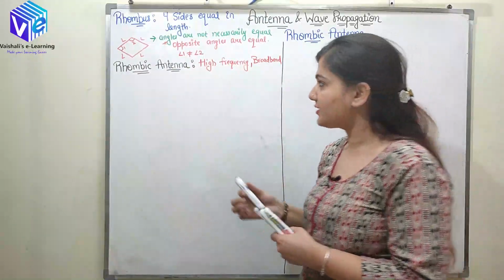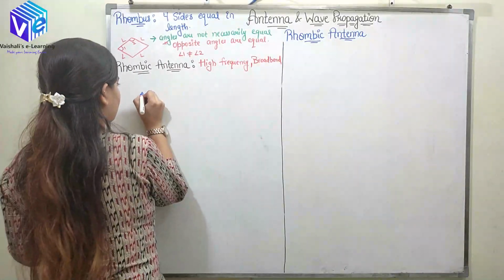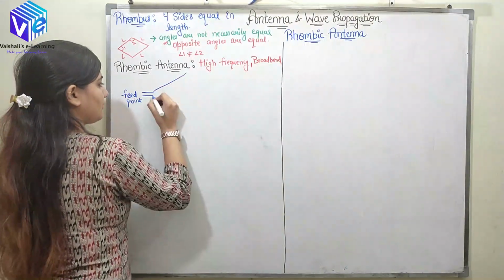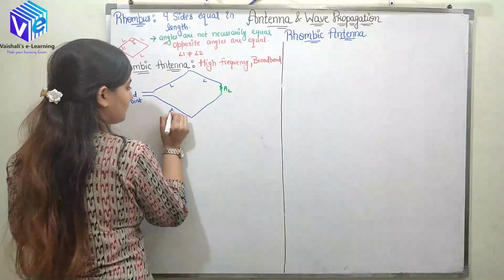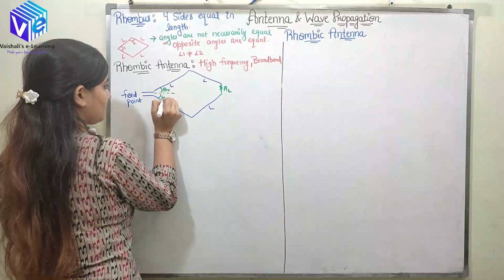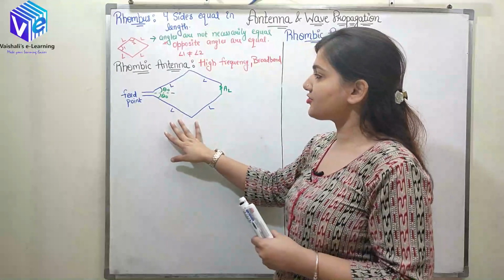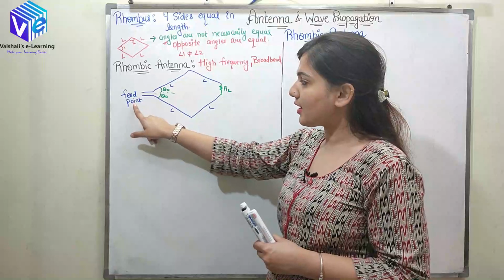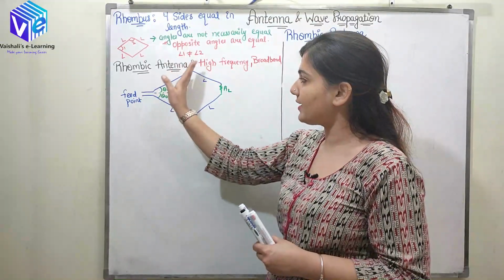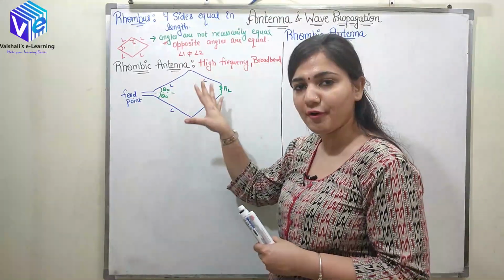So if I draw its structure, this is the structure of a rhombic antenna. This is my feed point. After the feed point, the wires are in the form of a rhombus.